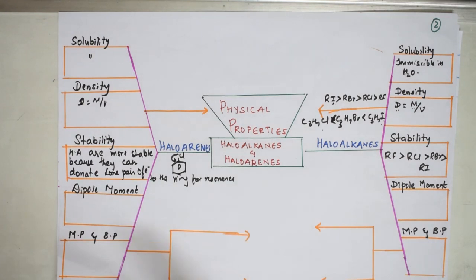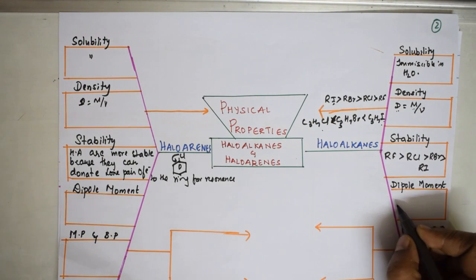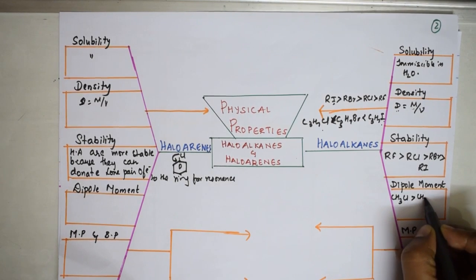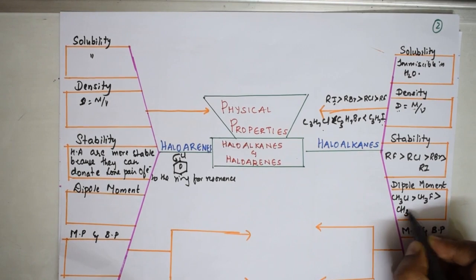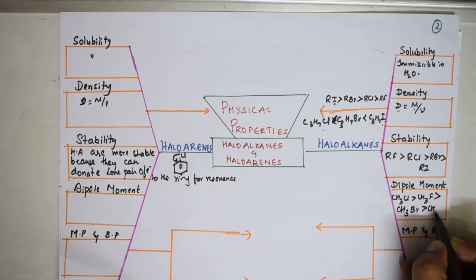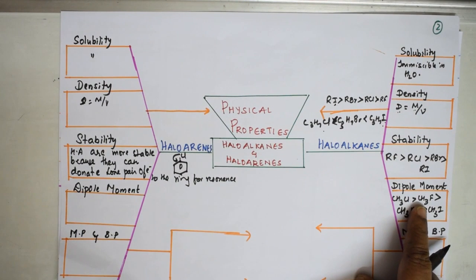When it comes to dipole moment, let us compare. In haloalkanes, remember the order is CH3Cl greater than CH3F greater than CH3Br greater than CH3I. Now what is the reason chlorine is greater than fluorine?